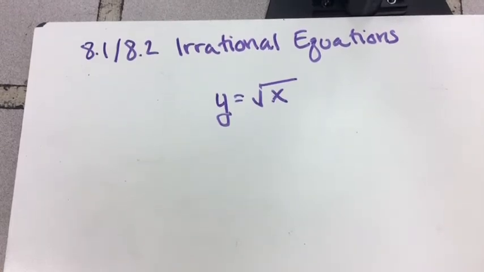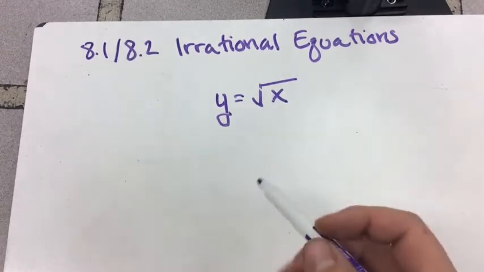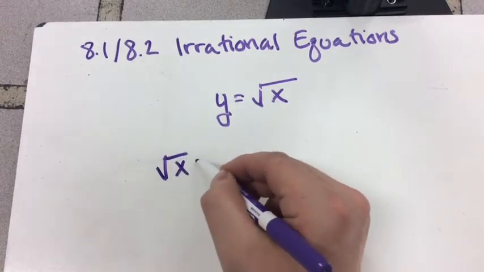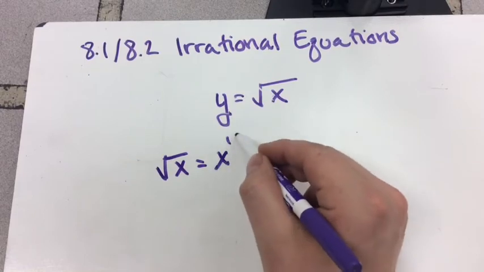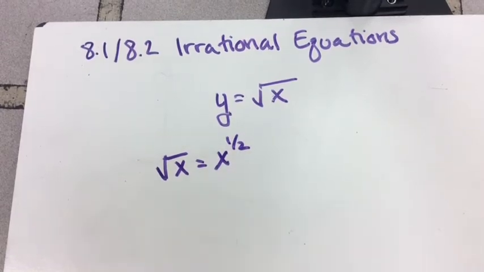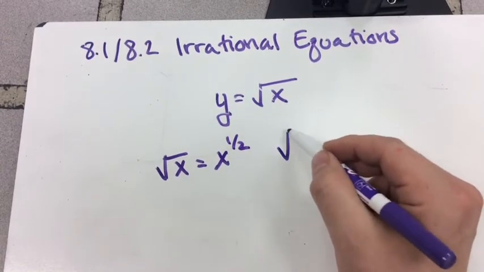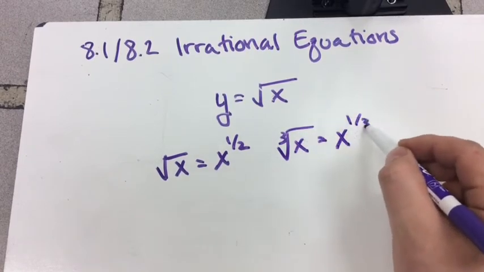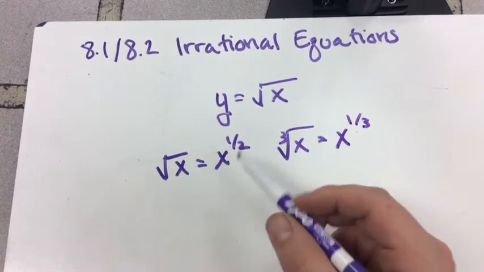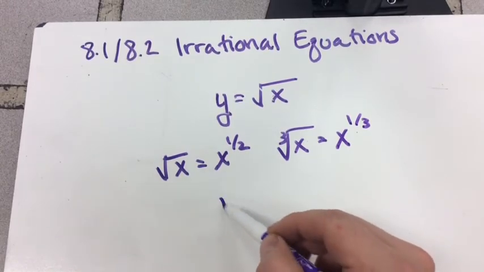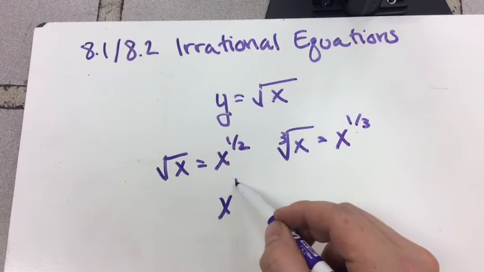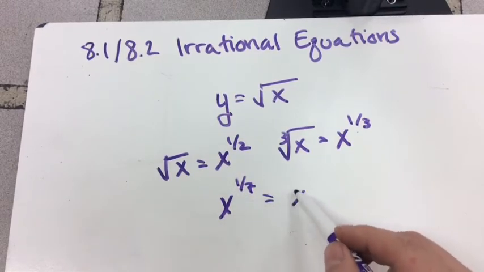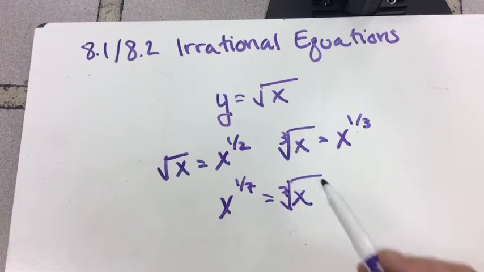Something we want to remember about square roots or cube roots or any of those types of things is that we can rewrite the square root of x to equal x to the 1/2. This follows a specific pattern: the cube root of x is equal to x to the 1/3. So if you have x to the 1/7, that's your cue that this is the 7th root.